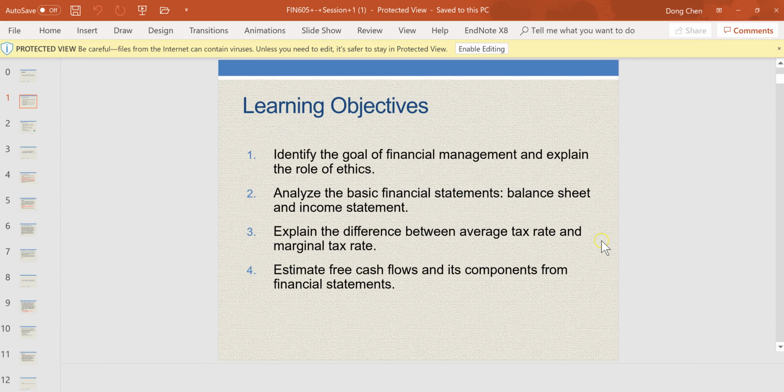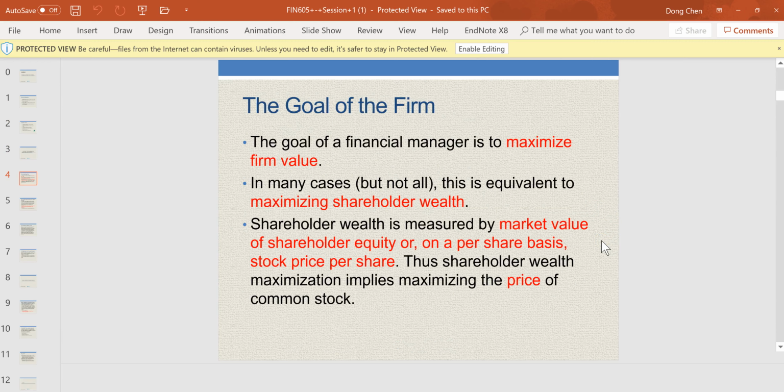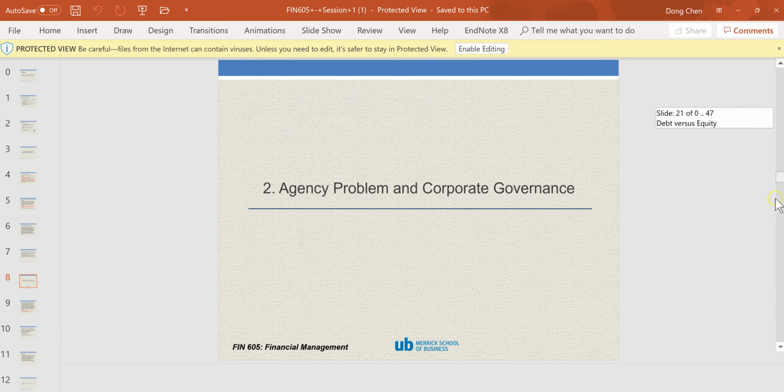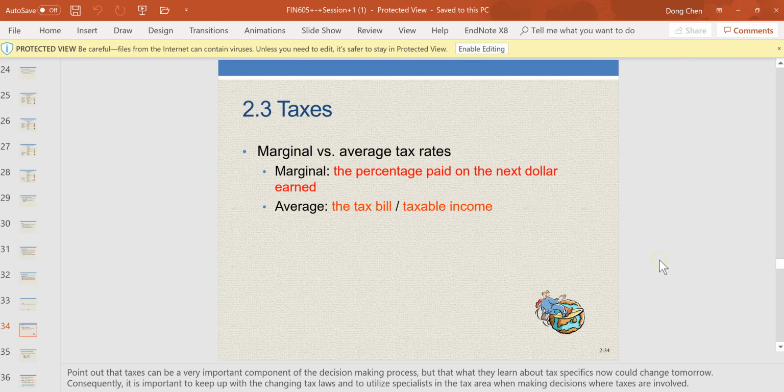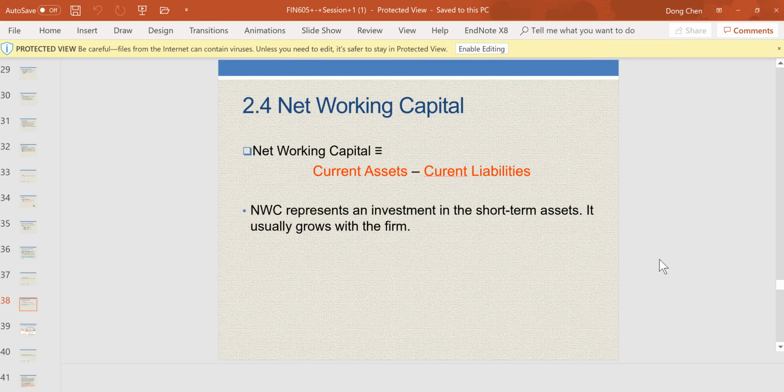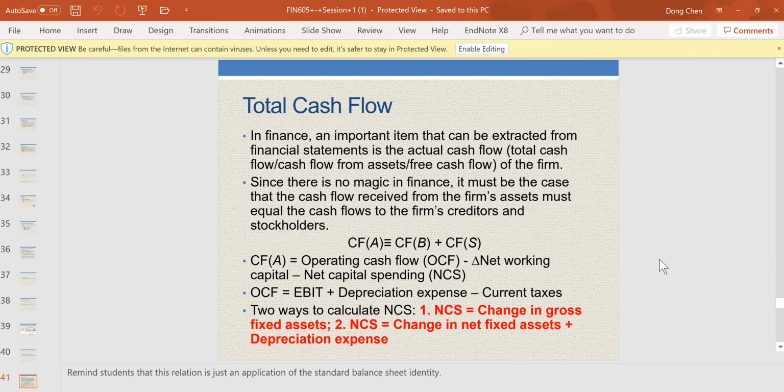And so operating cash flow is, we start from EBIT and then we add back depreciation, because depreciation is not a cash outflow, right?